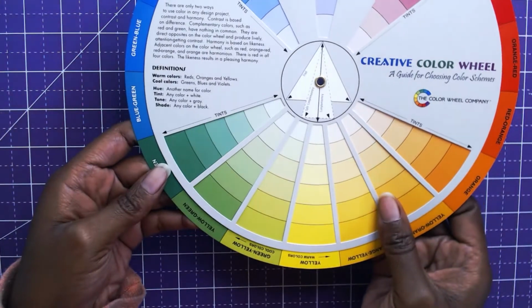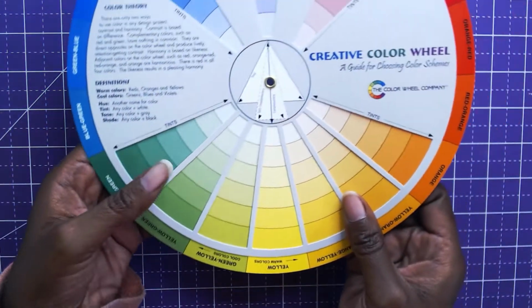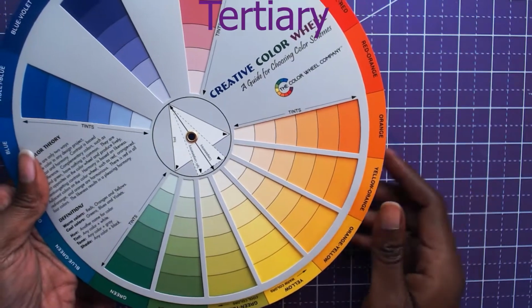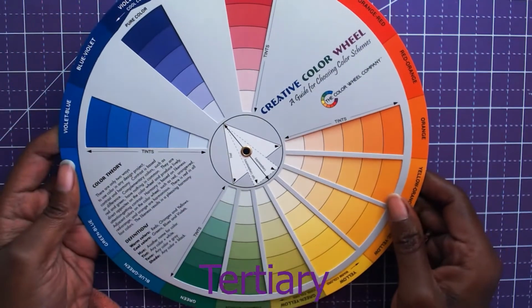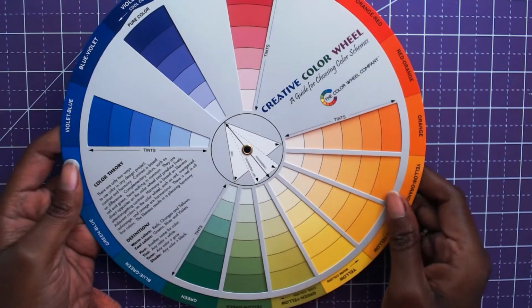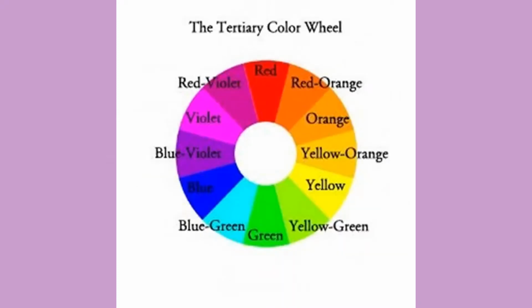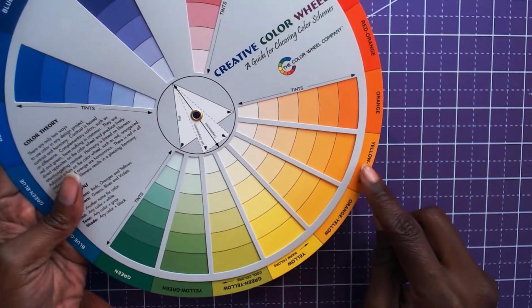And yellow and red makes orange. Lastly are the tertiary colors, which are created by mixing a primary and a secondary color. These are the colors with hyphenated names, such as blue-green, yellow-orange, red-violet, and so on.